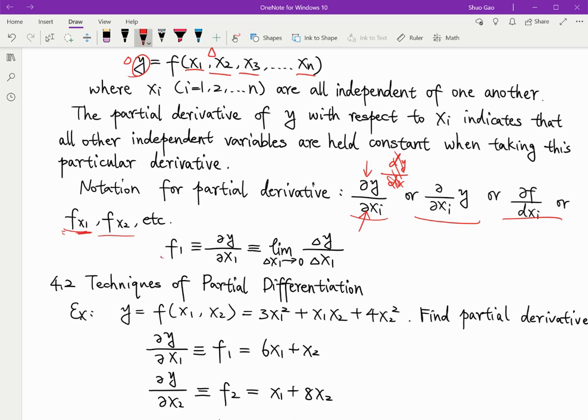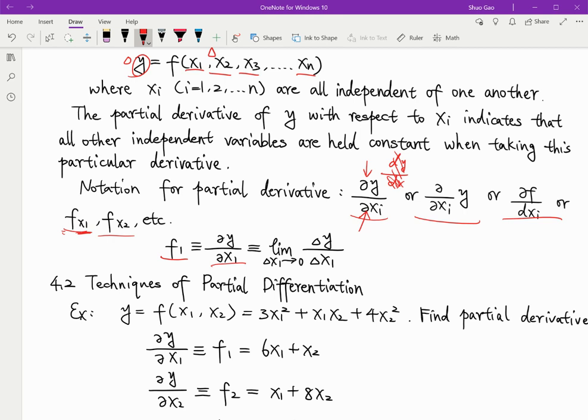So for example, f1, which is defined to be partial y over partial x1, is just the limit, as delta x1 approaches 0, of delta y over delta x1.